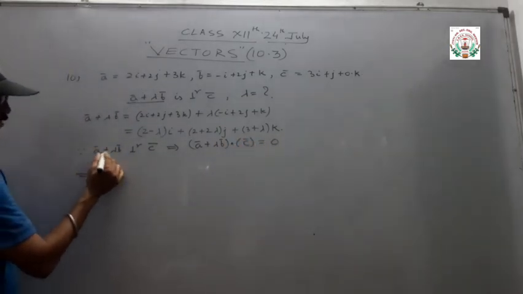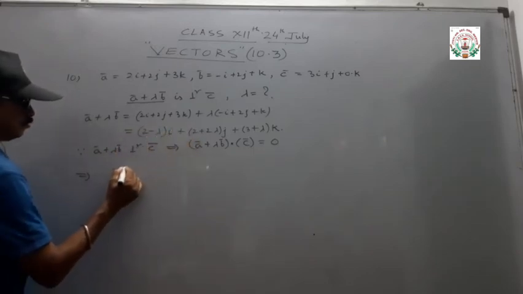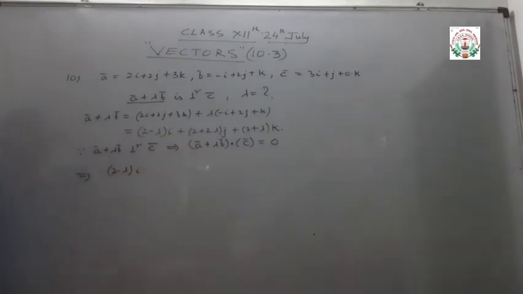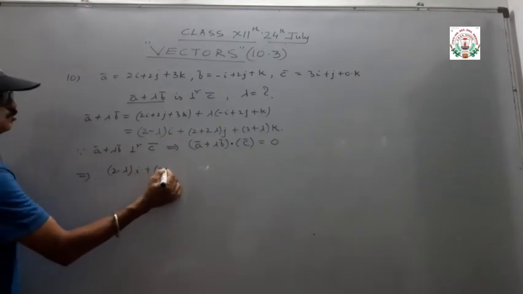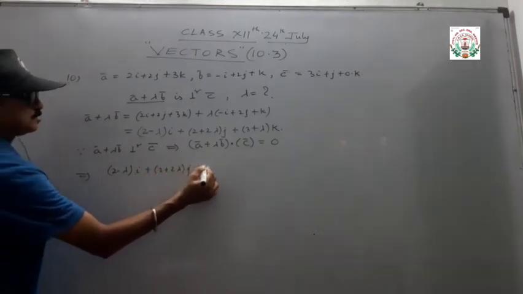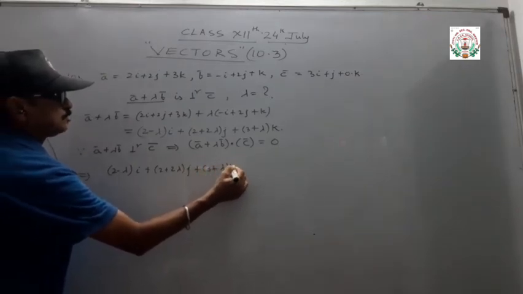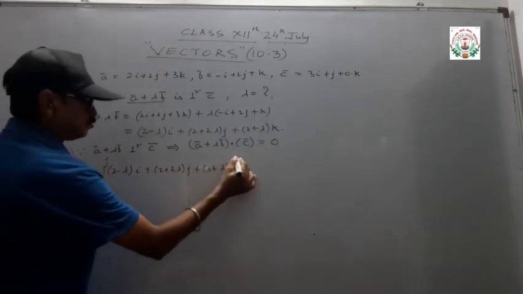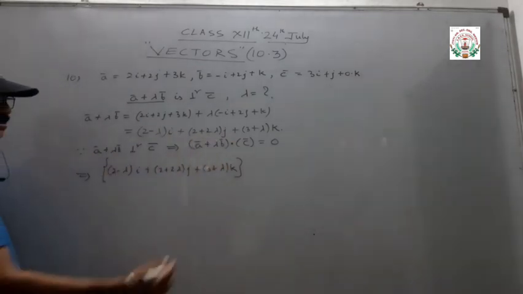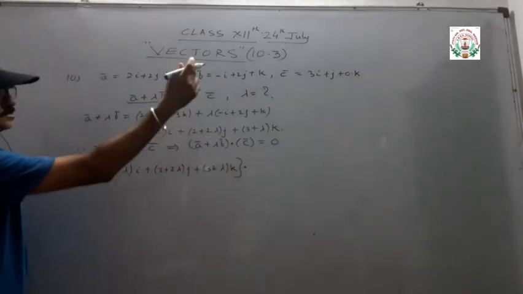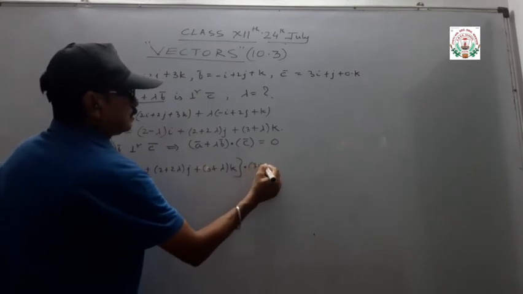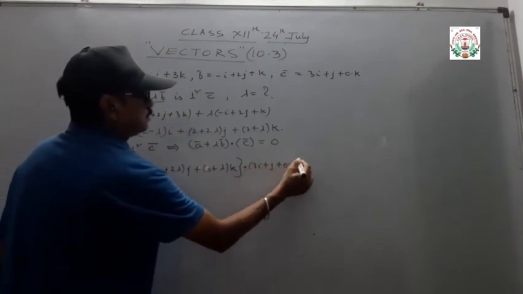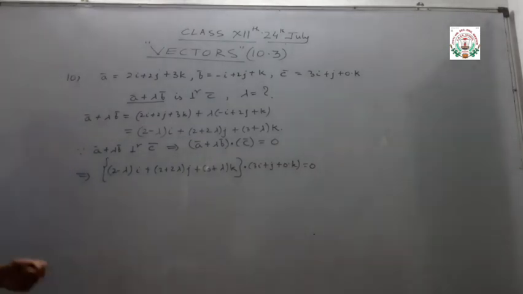So A vector plus lambda B vector is (2 minus lambda) into i plus (2 plus 2 lambda) into j plus (3 plus lambda) into k, dot C vector, which is 3i plus j plus 0 into k, equal to 0. In scalar product, i dot i is 1, j dot j is 1, k dot k is 1, and the rest, i dot j or j dot k or k dot i, are 0.